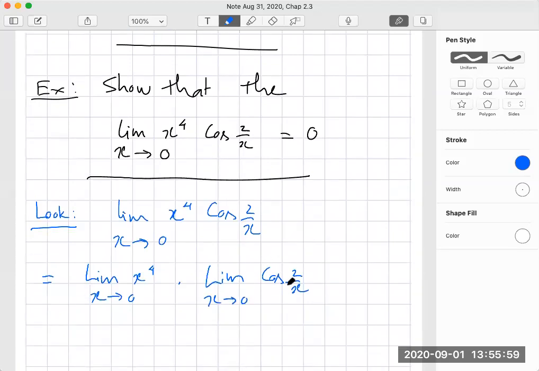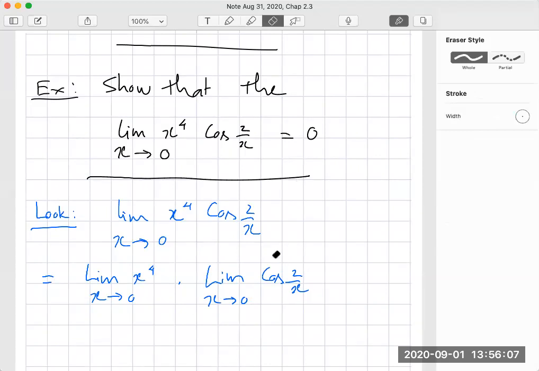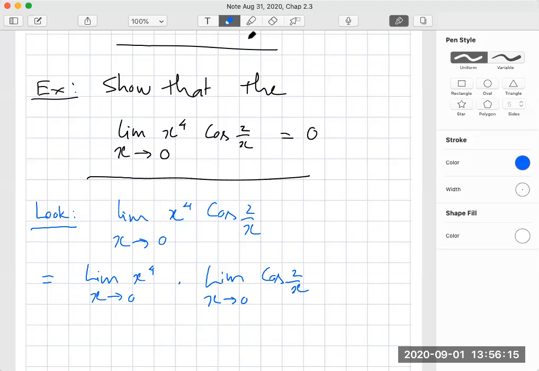And because when x approaches 0, 2 over x goes to infinity and it fluctuates so much, therefore the limit of this guy does not exist. We know that.